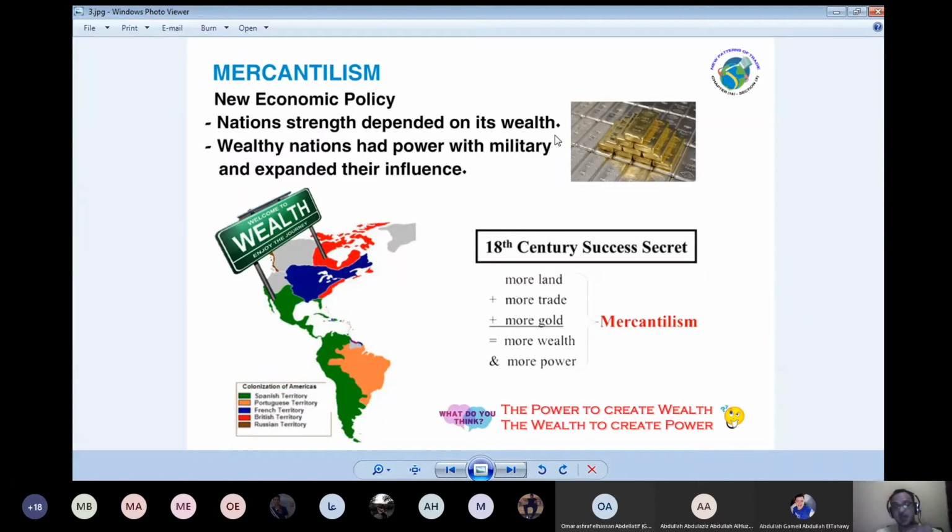Yes, how much land this country has by colonies, of course, over there in the newly founded world, and how much gold they have. So I need more gold in order to be a powerful nation, in order to be a powerful country.